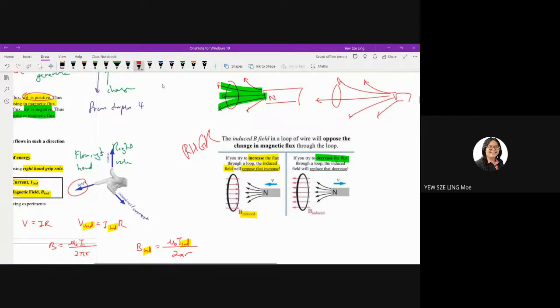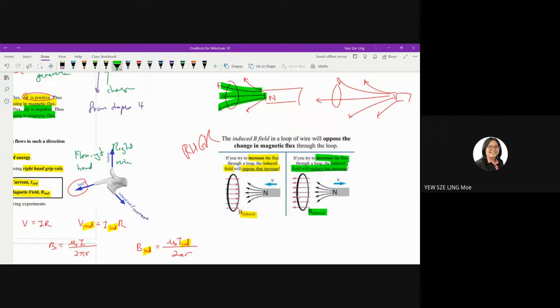So what happens right here is that induced magnetic field will replace the lines that you took away from it. So it will be generated in the same direction. That's why you have a positive induced EMF, because it's generated in the same direction to top up the lines that you took away. So induced magnetic field depends on whether your action causes the flux to increase or decrease.